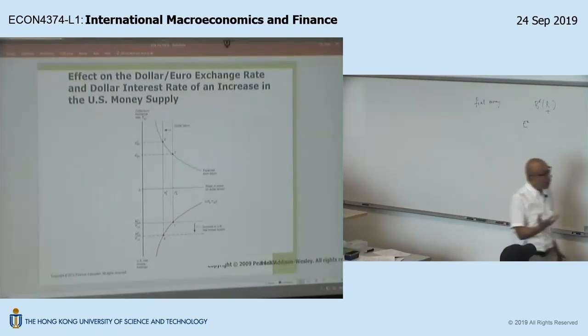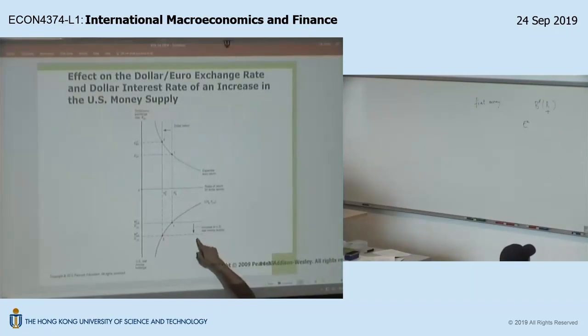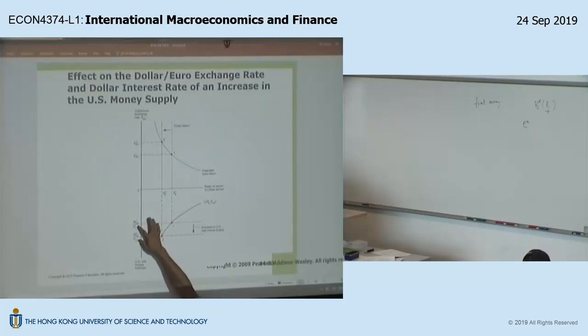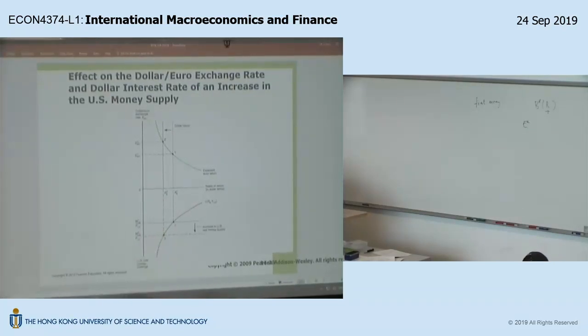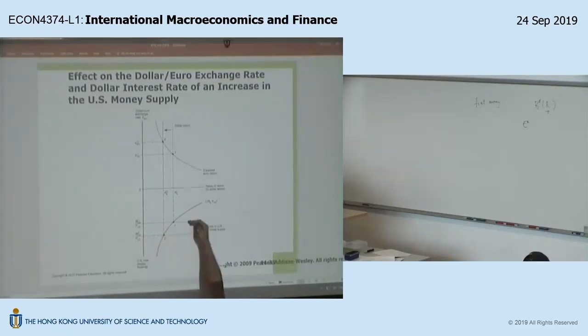So a temporary one-time increase in U.S. money supply, how is it going to affect the exchange rate? Increase in real money supply in the U.S. In the short run, because this is the short run, the price level in the U.S. is unchanged, but money supply increases from M1 US to M2, so this shifts down.